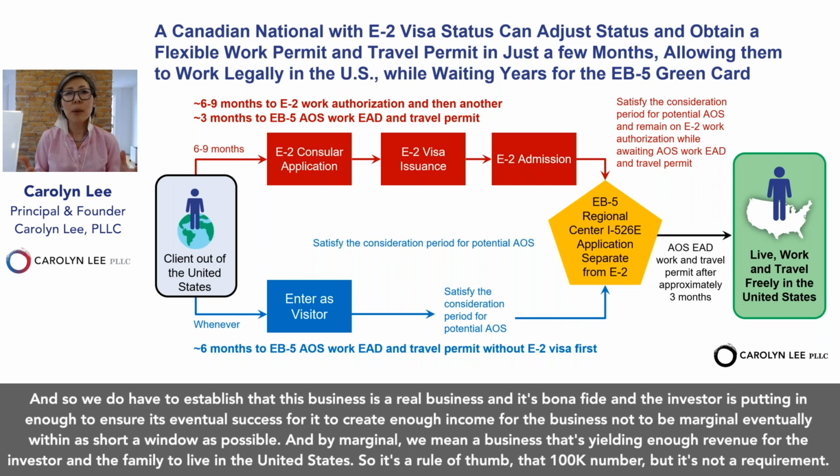So we have to establish that this business is bona fide, and the investor is putting in enough to ensure its eventual success, for it to create enough income for the business not to be marginal eventually, within as short a window as possible. And by marginal, we mean a business that's yielding enough revenue for the investor and the family to live in the United States. So it's a rule of thumb, that 100K number, but it's not a requirement.